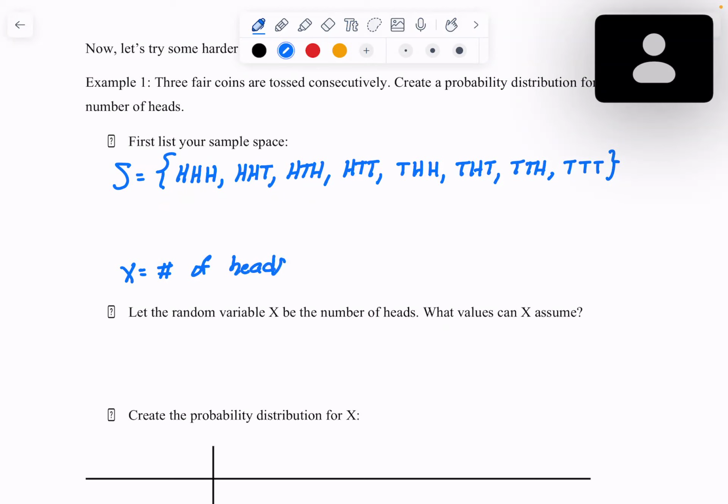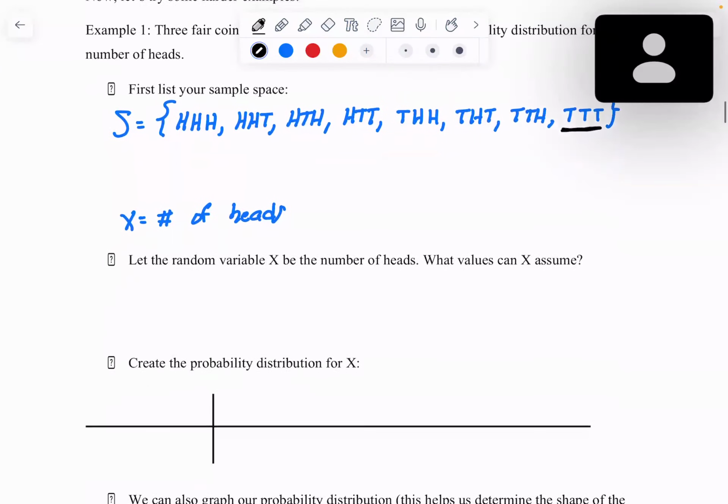The smallest number of heads occurs when you have tail, tail, tail. How many heads do you have in that case? Anyone have any guesses? It's a trick question. There's 0, right?